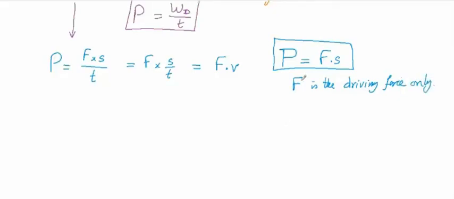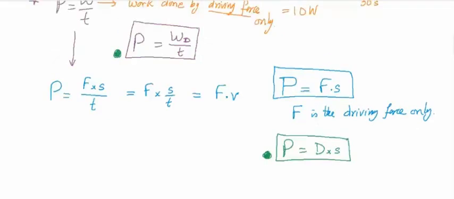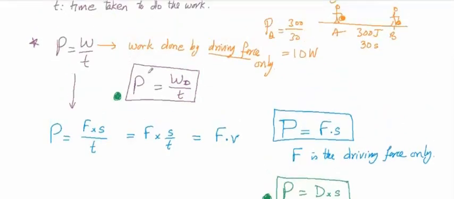So the better form is power is equal to driving force multiplied by the speed. This is the better format of the power formula when the work done by the driving force is considered.